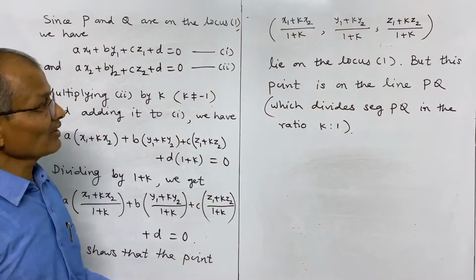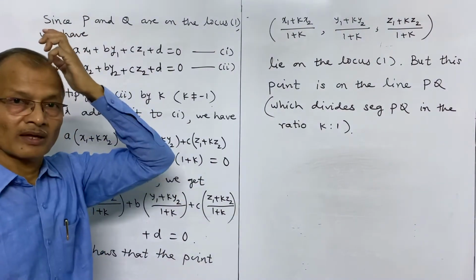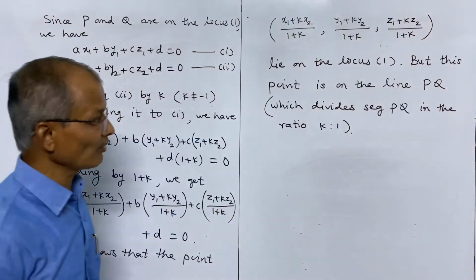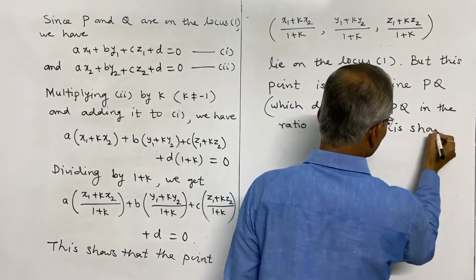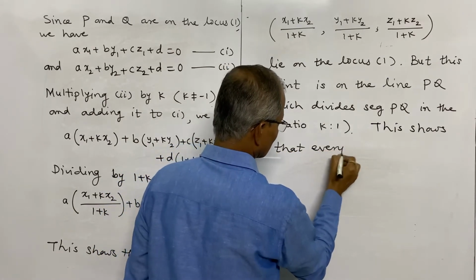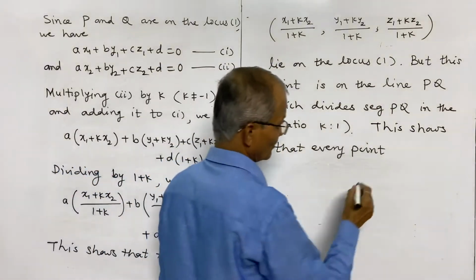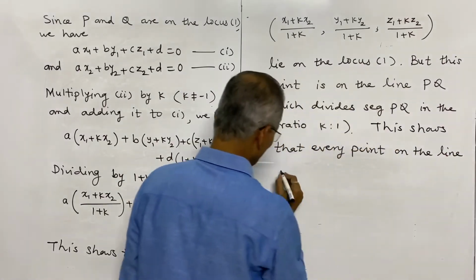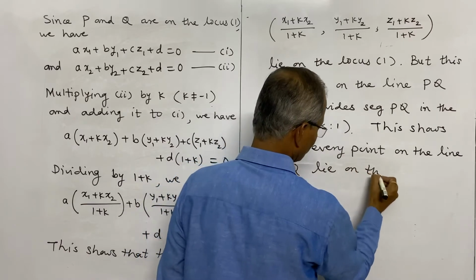And thus we have shown that a point on the line PQ is again on the line PQ. And this shows that every point on the line joining P and Q lies on the locus.